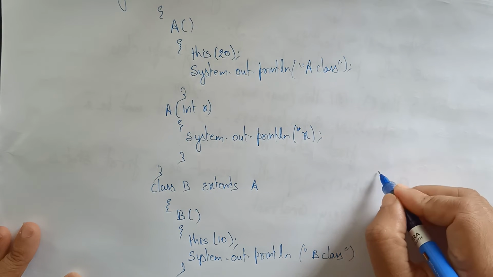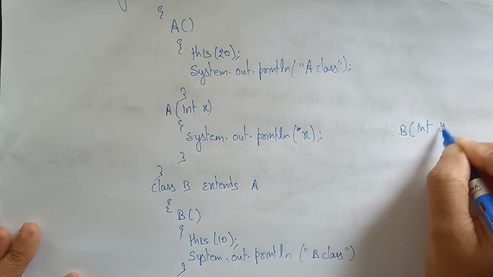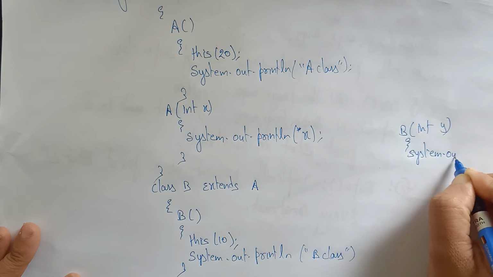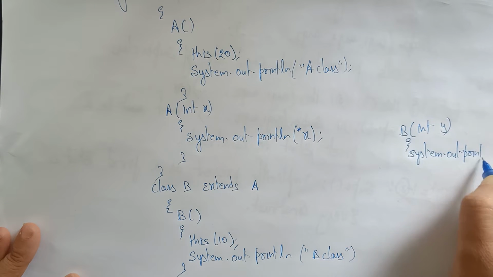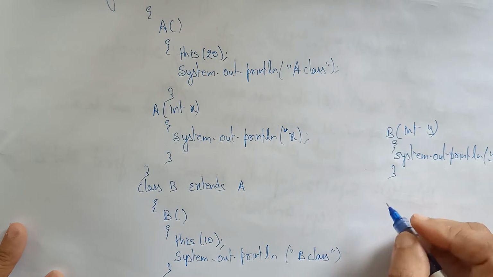Parameterized constructor. Let me take B(int y), System.out.println. B is closed.